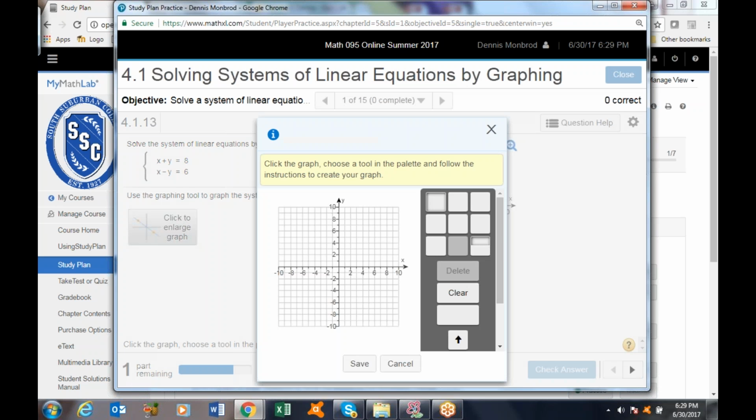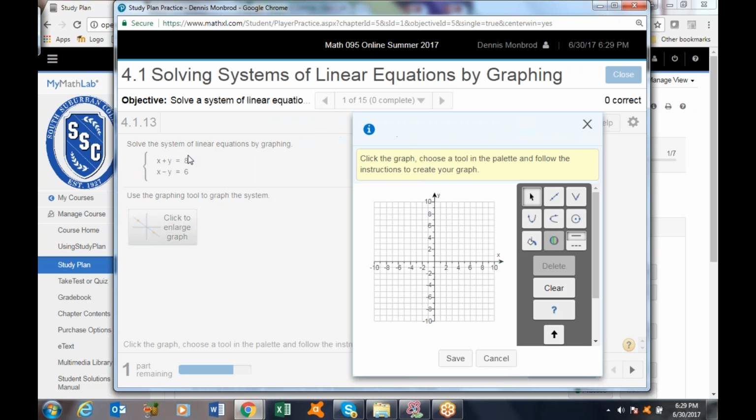So I'll open this up, make it a little bigger. Okay. Now I'll work with this first line here, x plus y equals 8. Let's say a word about that, x plus y equals 8.